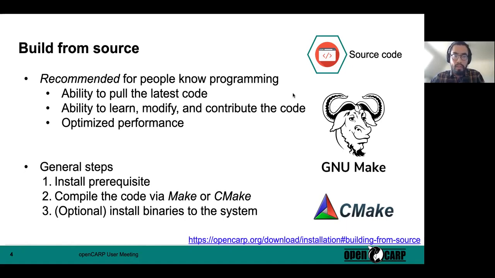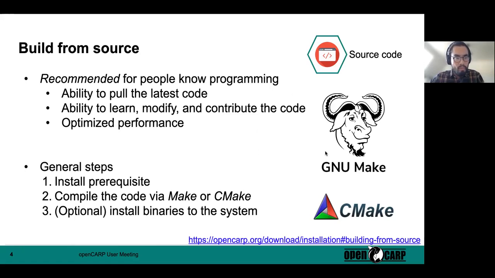The other thing is that if you have our code base, you can see the code and learn, or make any modification you want and also contribute to it. Also, if you build the code on your machine by yourself, you might get optimized performance.